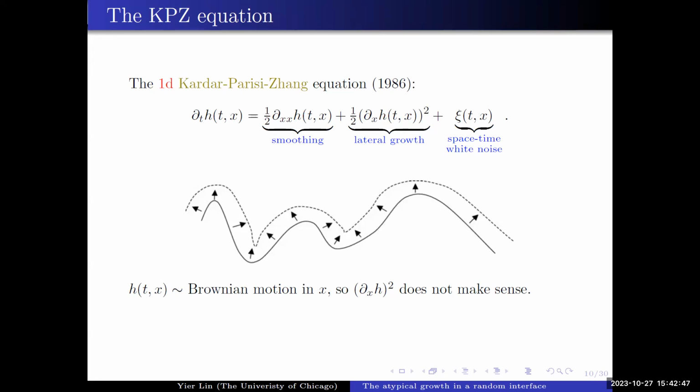There are three terms, and there is a meaning for each of them. When you want to model this interface growth by writing down an equation, what you can first write down is a heat equation. For the heat equation, the Laplacian tells you that as time evolves, even if you start from some interface that is very rough, things are going to smooth out.